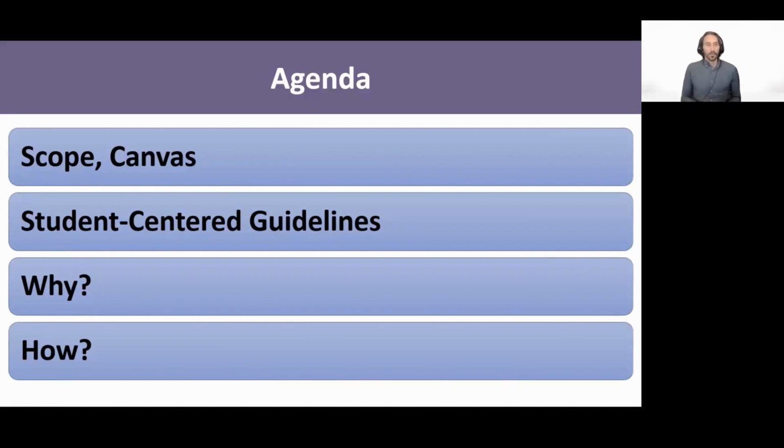The way the webinar will break down today is we'll go through student-centered guidelines, really focusing on guidelines for building a student-centered front page. And as we go through each of the guidelines, we'll also discuss the importance of why we're doing that and give you some examples on how you can implement it.